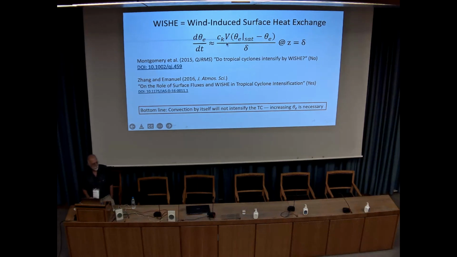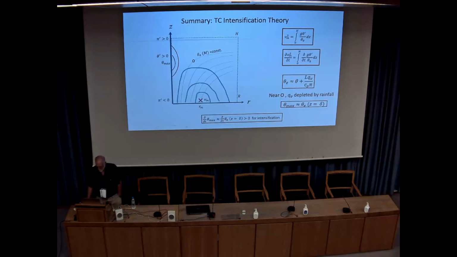Basically, it comes down to whether or not the increases in V are necessary in order to increase the ADE, and there's some interesting discussion there. But I think the bottom line is that convection by itself, as I said several times, doesn't intensify a tropical cyclone. You need something to increase the ADE, and the only place to do that is through the sea surface. So that's the essence of the WISHE theory.